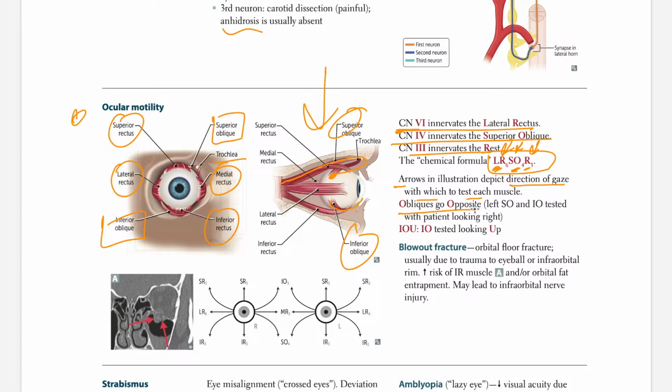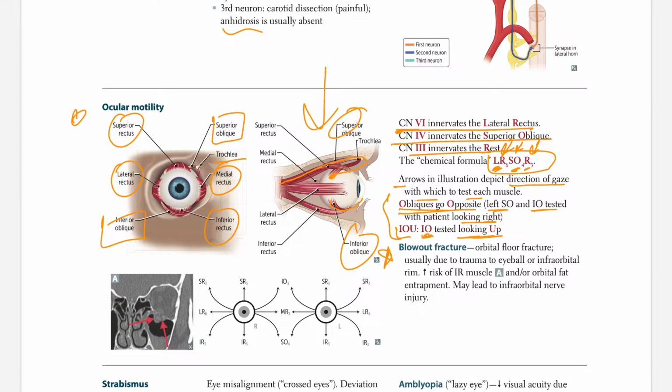Obliques go opposite. Okay, that's a very good one. So superior oblique and inferior oblique are tested with the patient looking right. IOU, inferior oblique tested looking up. So these are tests that you can do in order to figure out which muscle is out.